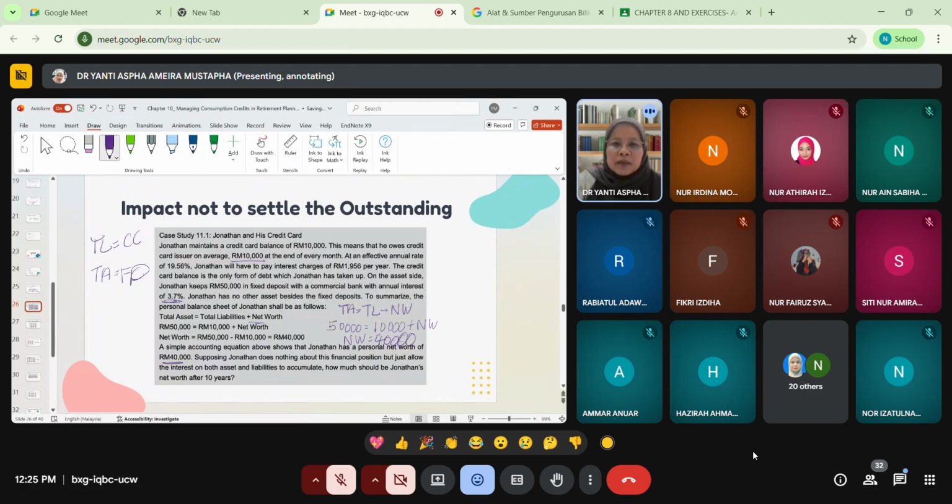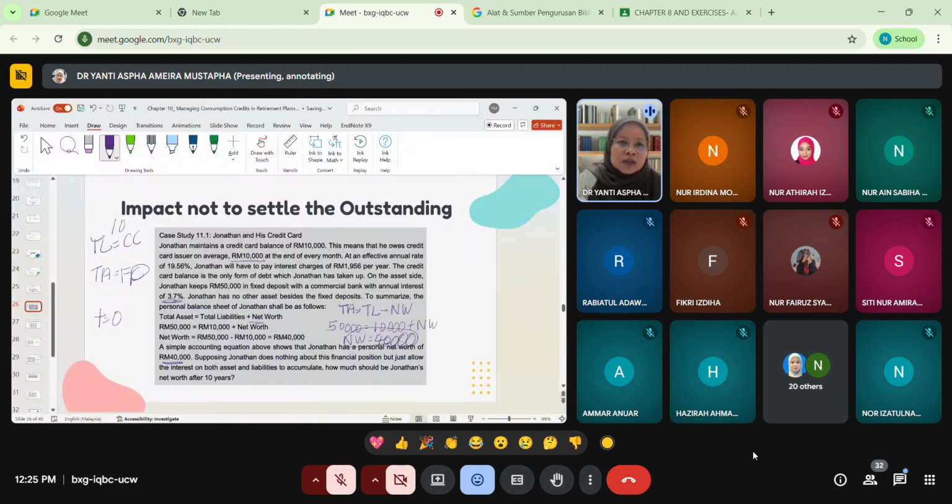Now what if, let's say, Jonathan does nothing about this financial position but just allows the interest on both assets and liabilities to accumulate? How much should Jonathan's net worth be after 10 years? At t equals 0, the net worth is 40,000.